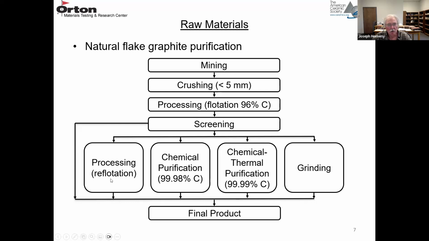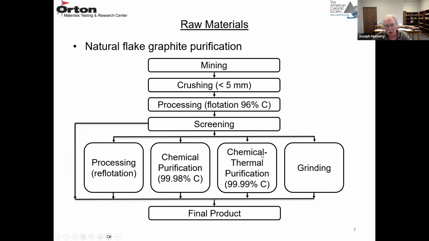So you can do a reflotation process to get it a little more pure. You can do a chemical purification where you use perhaps an acid to etch away the impurities. So you can get up to about 99.98% carbon.